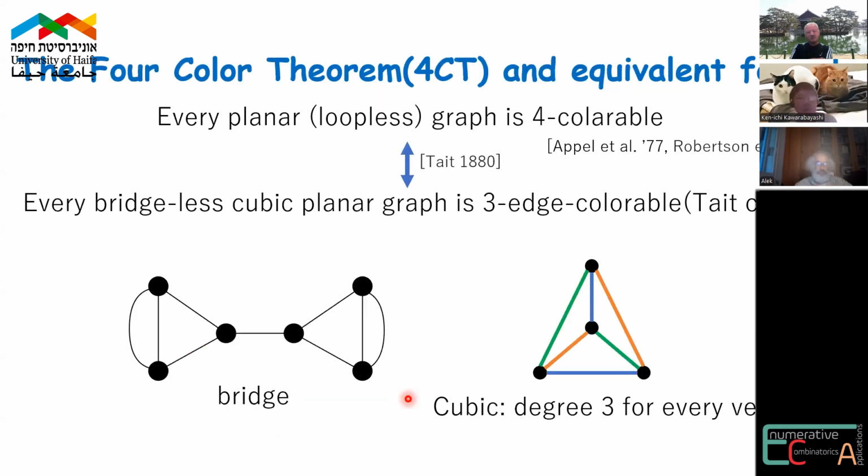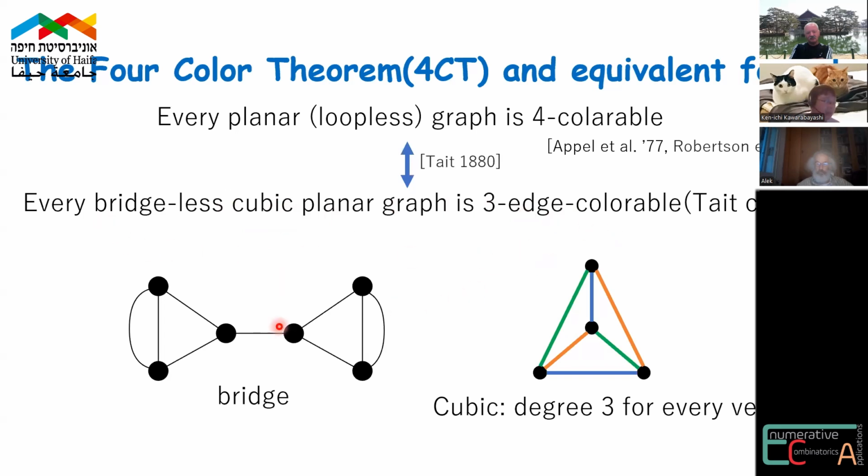Actually, I'm talking not about vertex coloring but about edge coloring, because it follows from a result by Tait. In the 1880s, Tait already noticed that the four color theorem is really equivalent to the statement that every bridgeless cubic planar graph is 3-edge colorable. 3-edge coloring of a cubic graph is sometimes called Tait coloring.